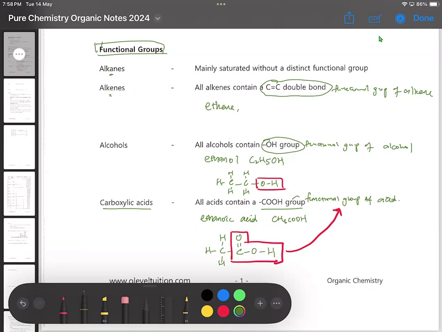The ethene molecule has a CC double bond.